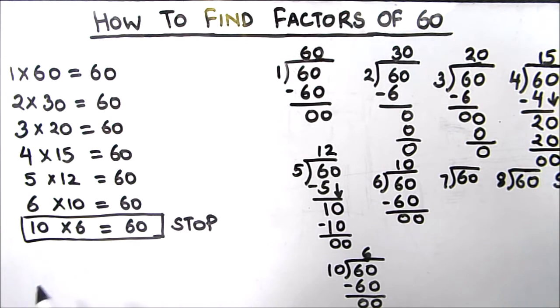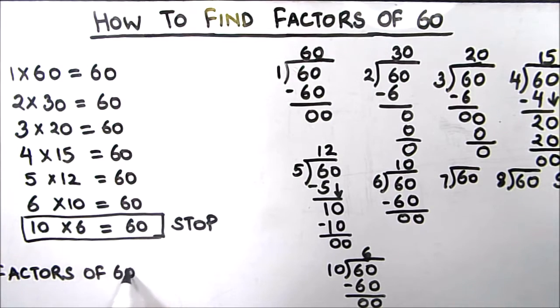So now let us write the factors of 60. So factors of 60 are, we'll write the factors in increasing order. So we'll start from 1, then we'll come to 6 and then we'll start from 10 and then go to 60.